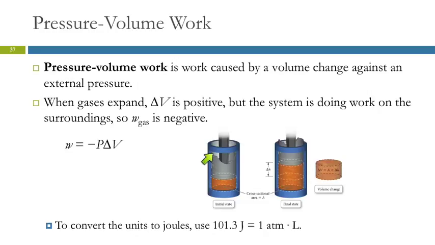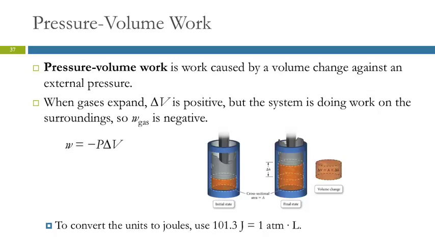When the gas expands, its change in volume is positive. Its final volume is greater than its initial volume, so that's a positive change. But the system is doing work on the surroundings, so by definition, that's negative. So work equals negative pressure times the change in volume.